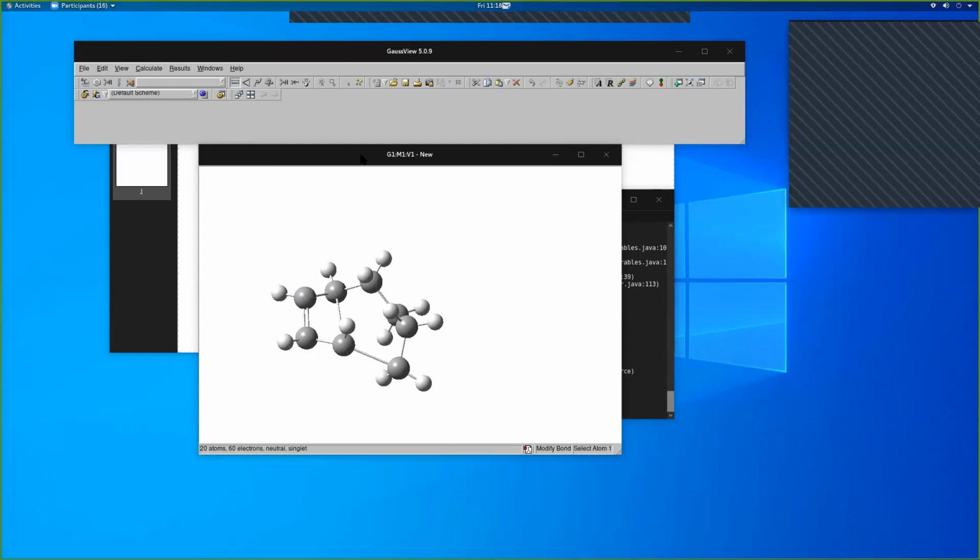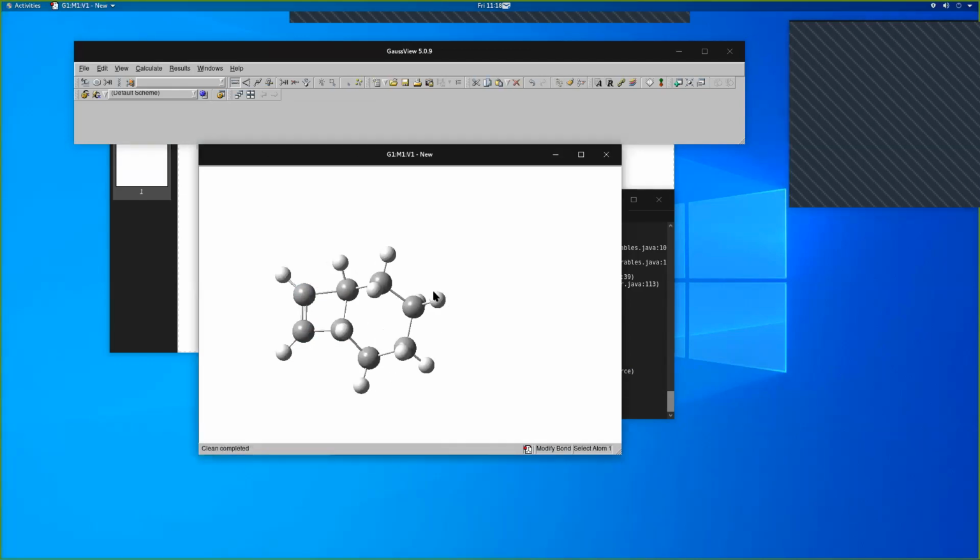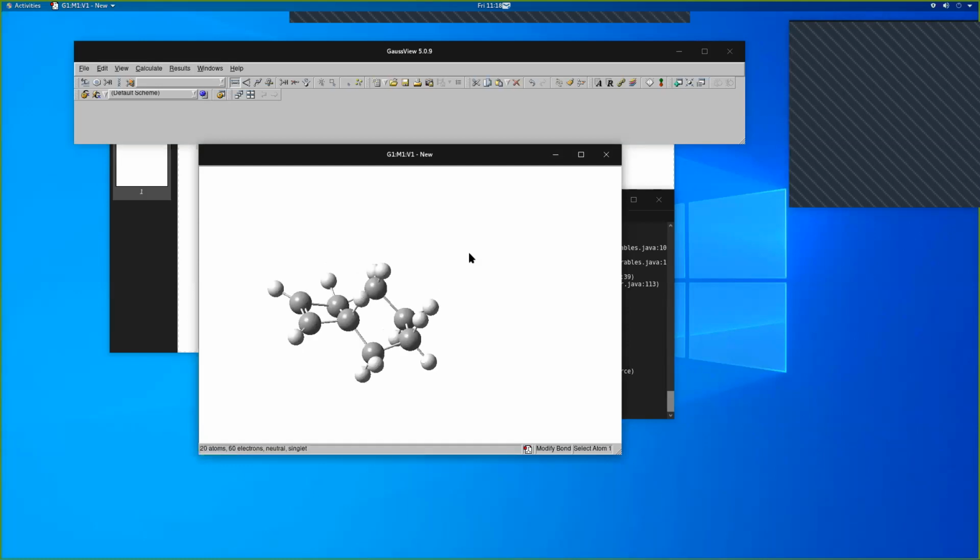Okay, and then when I clean this up, as we should always clean up, you see that this here is perhaps not the best conformation of the bicyclic system.